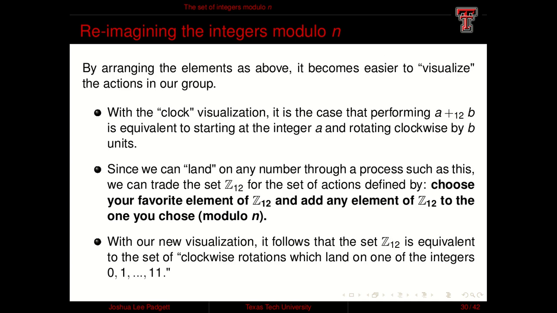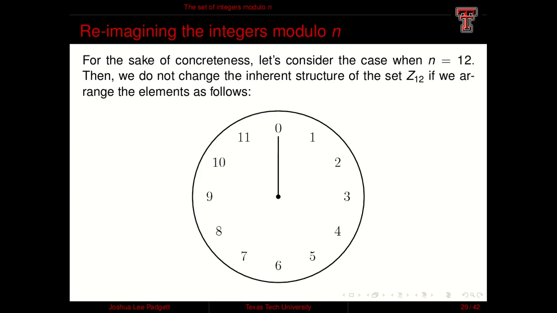Well, the idea is with this clock visualization, it's pretty easy to understand that if I do some number a plus another number b mod 12, then what I end up doing is starting at the integer a and rotating clockwise by b units. So let's think about it. What would 1 plus, let's say for instance, 14 mod 12 be?